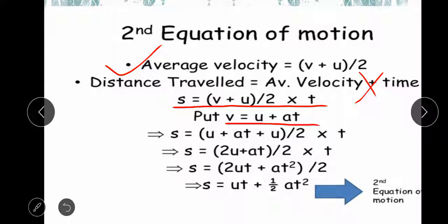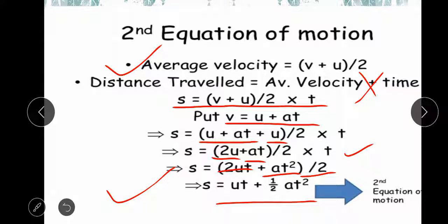Substituting u + at in place of v, we get (u + at + u)/2 × t. u plus u becomes 2u, so (2u + at)/2 × t. Now multiplying t in the bracket you get (2ut + at²)/2. Hence you have s = ut + ½at² as the second equation of motion.